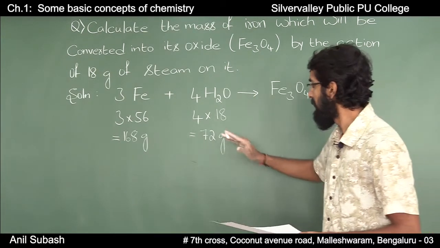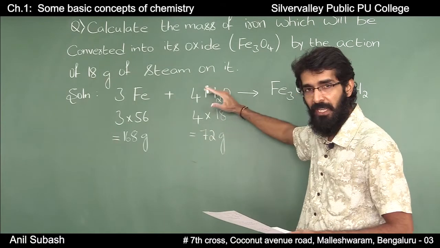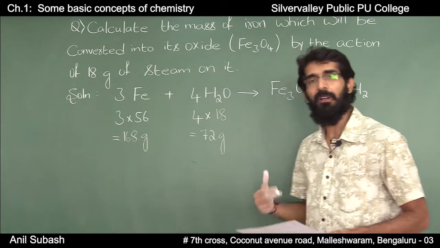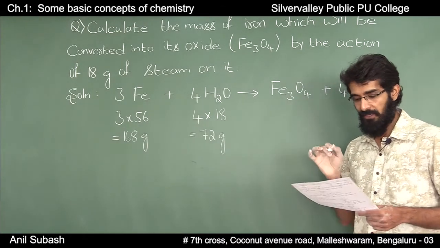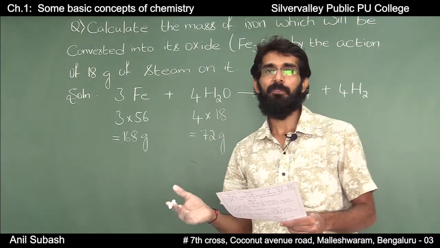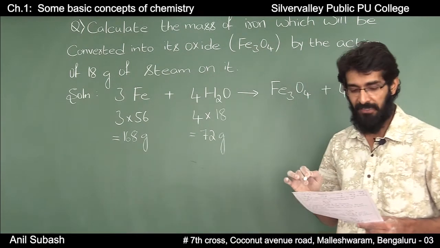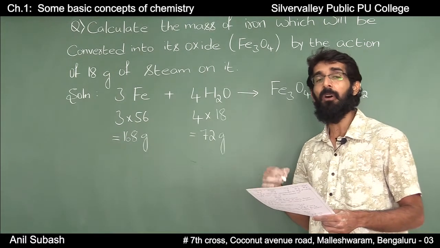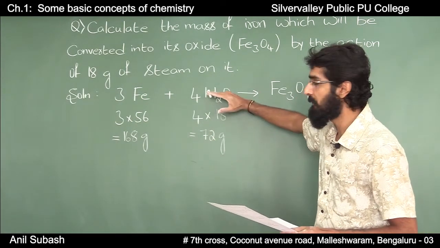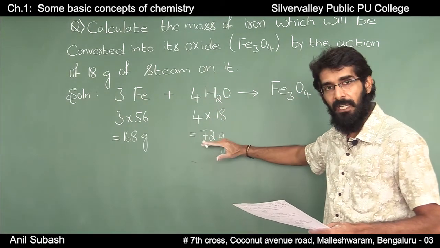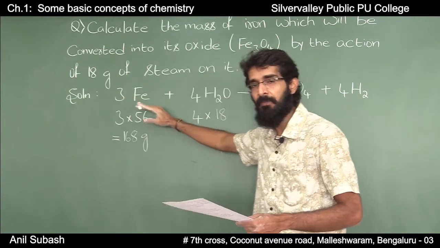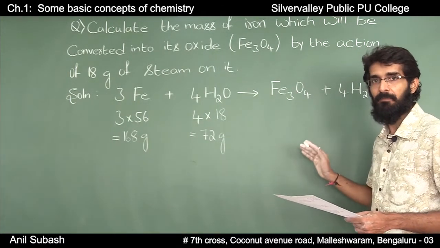That is 72 gram of steam combined with 168 gram of iron. Now, you are supposed to calculate the mass of iron that will be converted into its oxide by the action of 18 gram of steam. Now, 72 gram of steam is required to convert 168 gram of iron into its oxide.